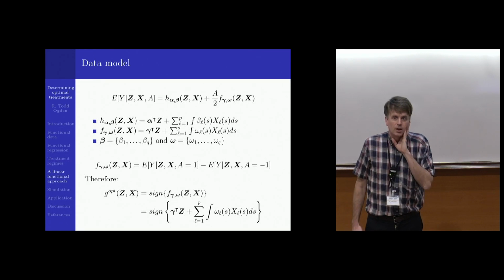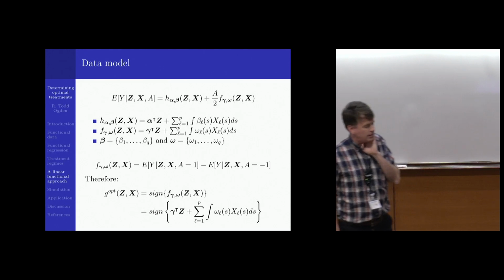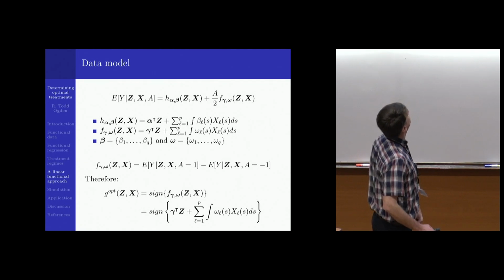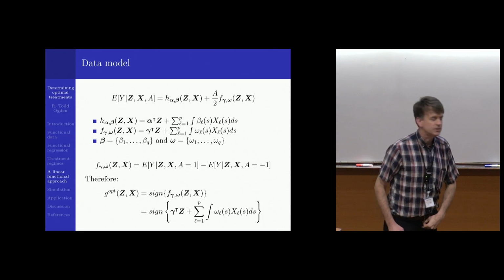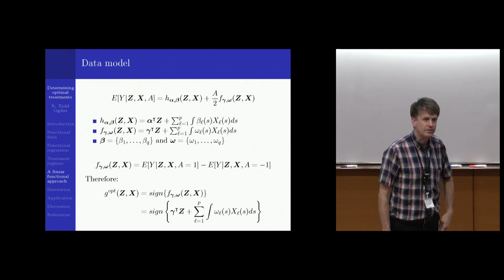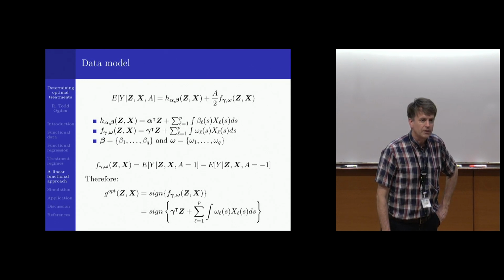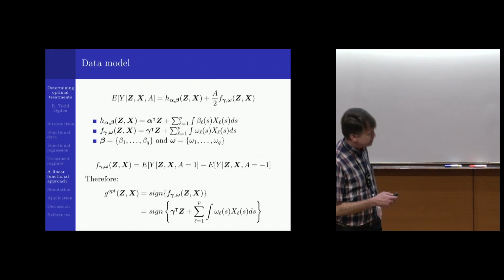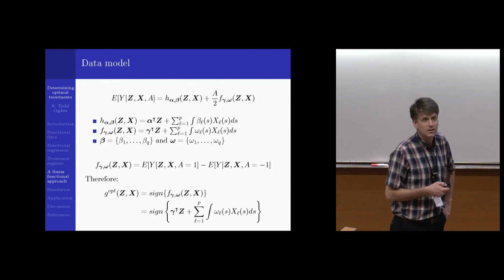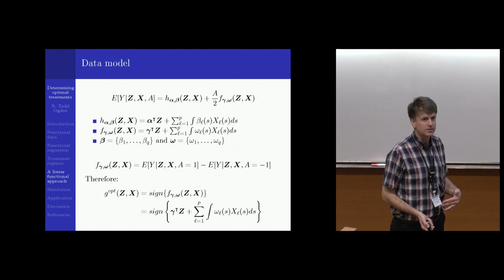Okay, so I'll start with the model, and then I'll describe 2 ways of fitting it, one sort of older and one more updated. The model is pretty general except for an additive part. I've got 2 pieces: the first one is the main effect, and the second one is like an interaction effect, because A is +1 or -1.